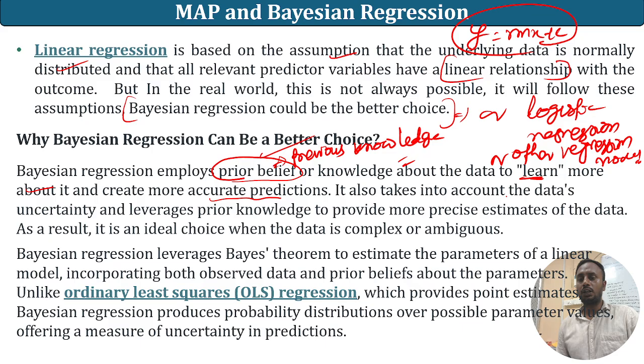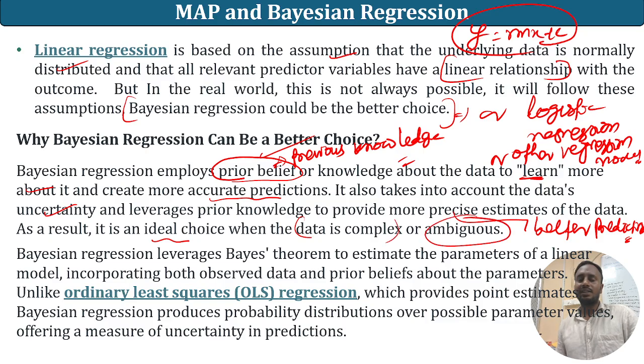It also takes the data uncertainty into account, and it uses the previous knowledge so that it will give better predictions. So this is an ideal choice when the data is complex or ambiguous. Ambiguous means we don't have actual patterns, or there are some random patterns.